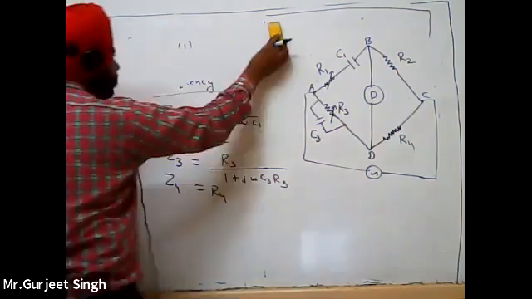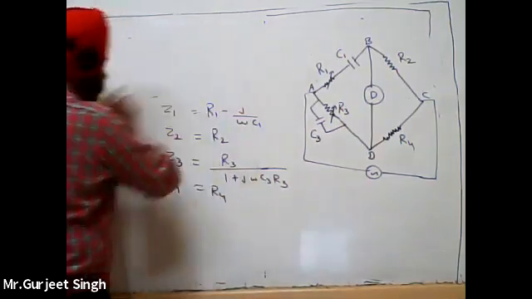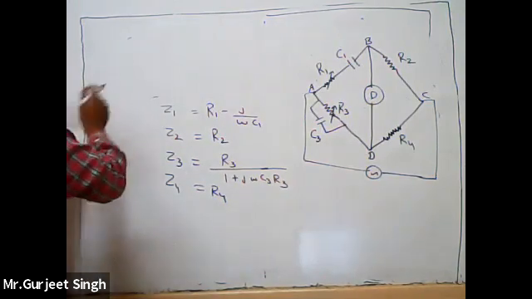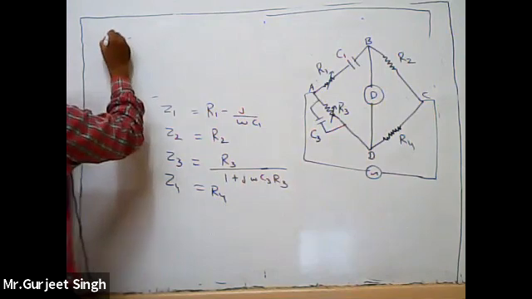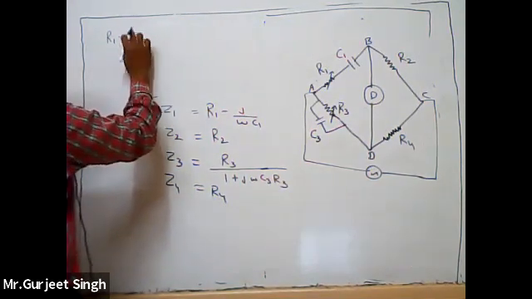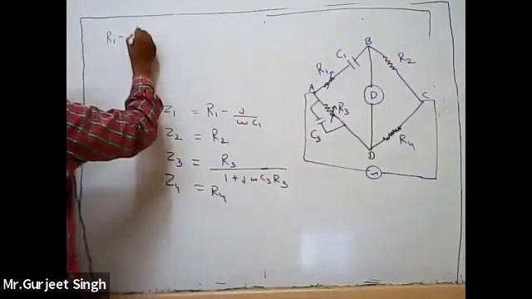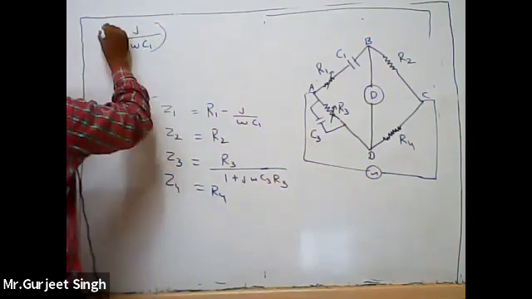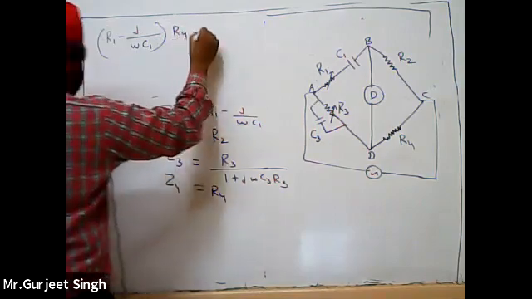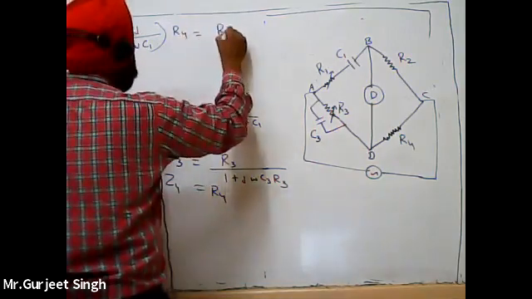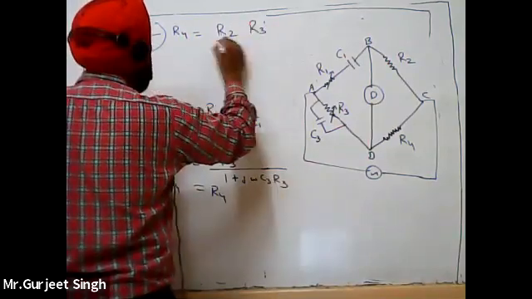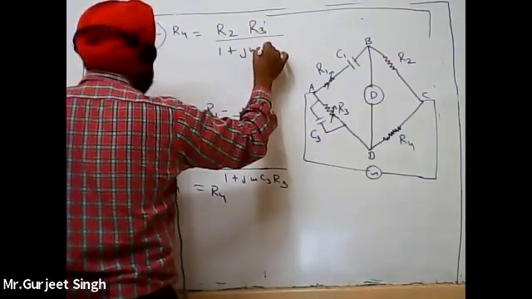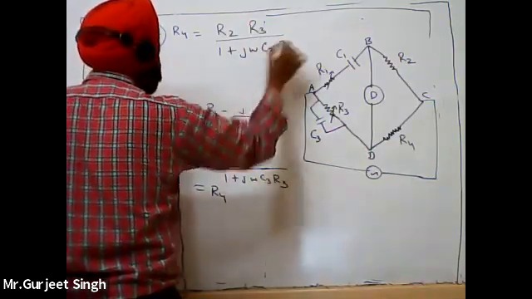So we get the equation (R1 minus j omega C1) R4 is equal to R2 R3 divided by 1 plus j omega C3 R3.